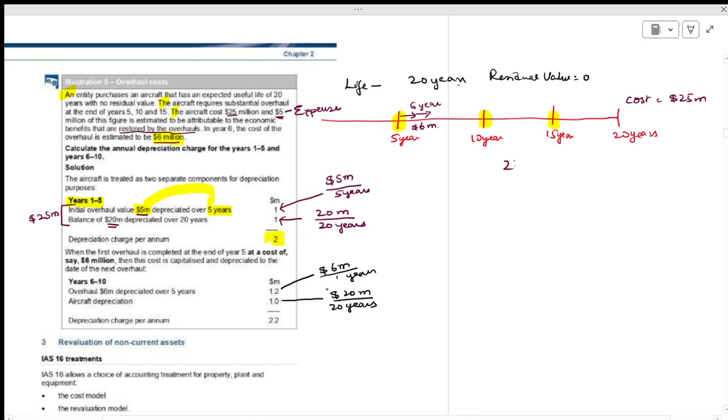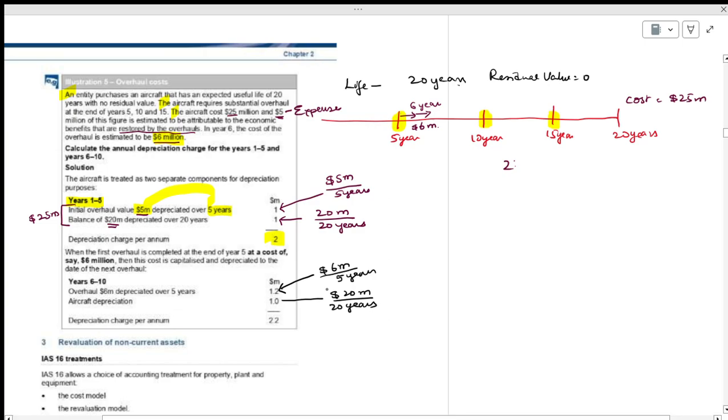If this is happening every 5 years, we don't know what happens in year 11. Okay? Means how much is there? Overall, we are getting how much? 1.2. The aircraft is becoming older, so you have to spend more. In the beginning, you spent 5 million for 5 years. In the next 5 years, you are spending how much? 6 million.